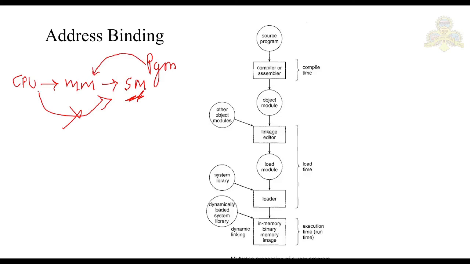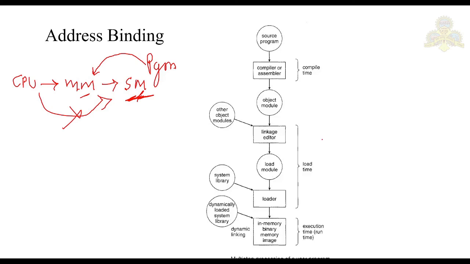Now the problem is the CPU generates the address of the secondary memory, not the main memory. So your operating system has to do address translation. That is, whenever a program is brought from secondary memory to the main memory, there would be address changes, right? That translation has to be done by the operating system. So your program has to go through many steps before finally getting executed.